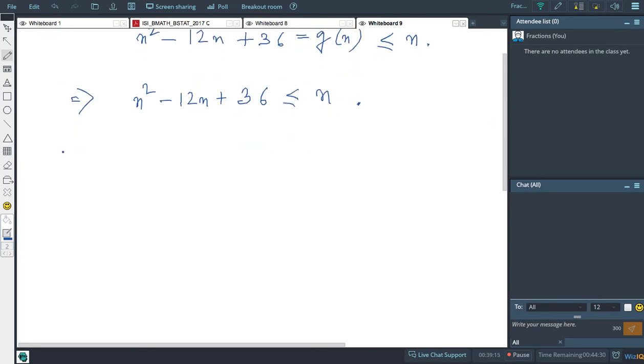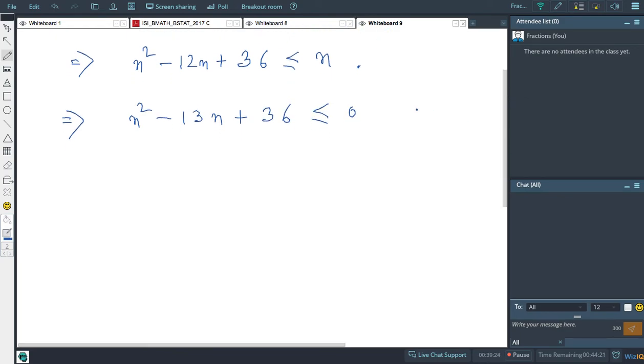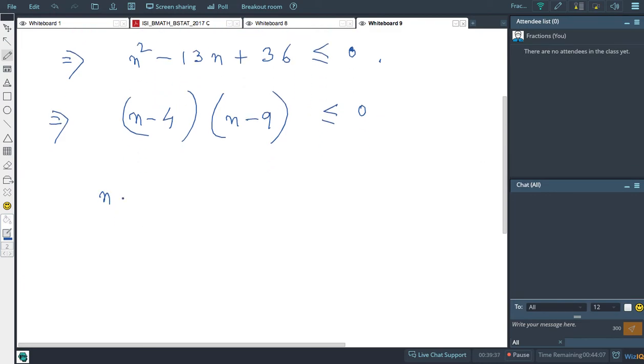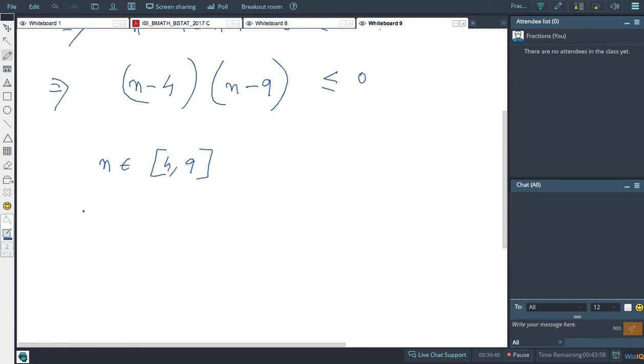And solving this, taking everything on one side, I get n square minus 13n plus 36 is less than or equal to 0. And I can factorize what I have on my left, so it's n minus 4 times n minus 9, and this is valid for n belonging to all the natural numbers from 4 to 9, with 4 and 9 included because equality is there.